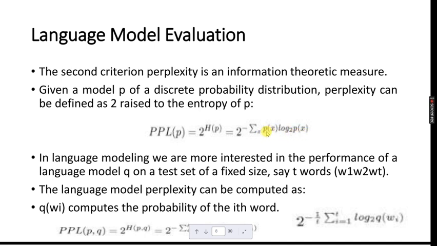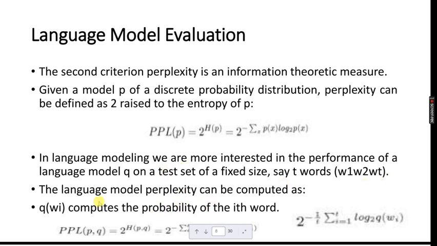Here we are taking the probability of x and the log of the x probability. The summation of these products will give us the value of PPL of P. It can be derived for a fixed size set of words, like W1, W2 up to WT.